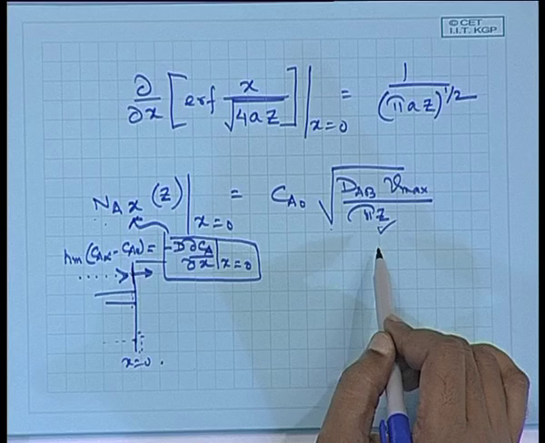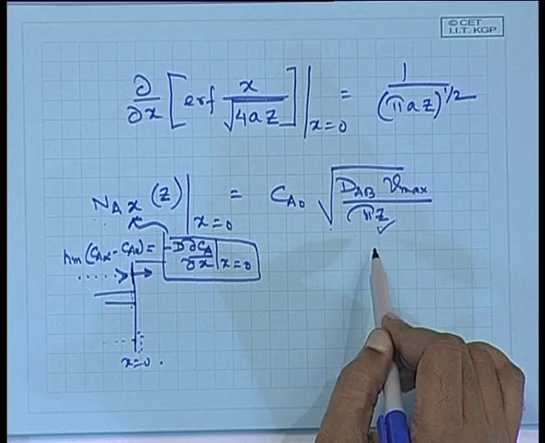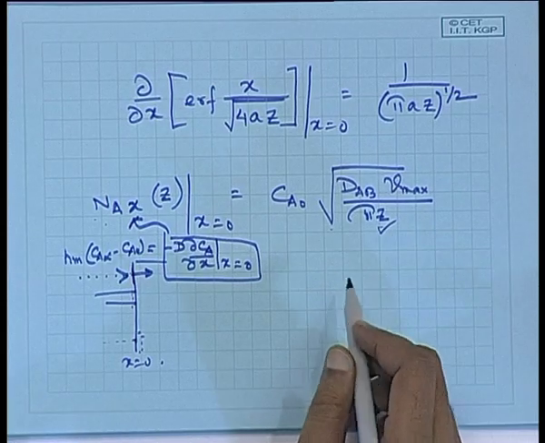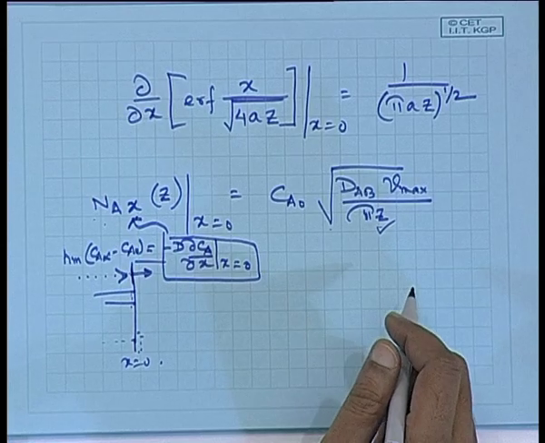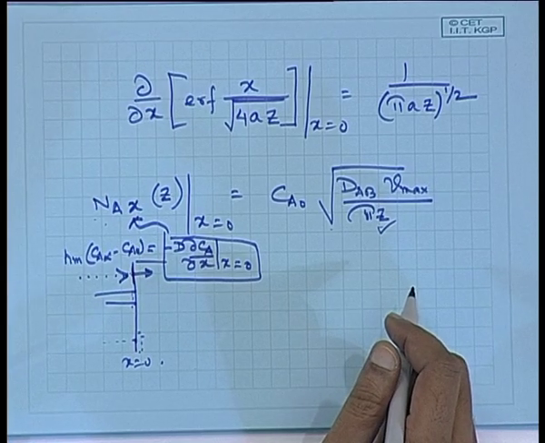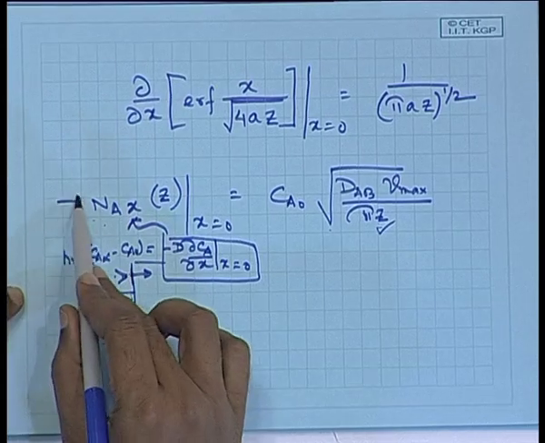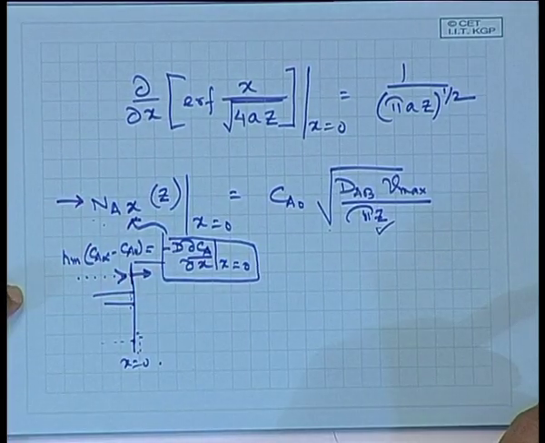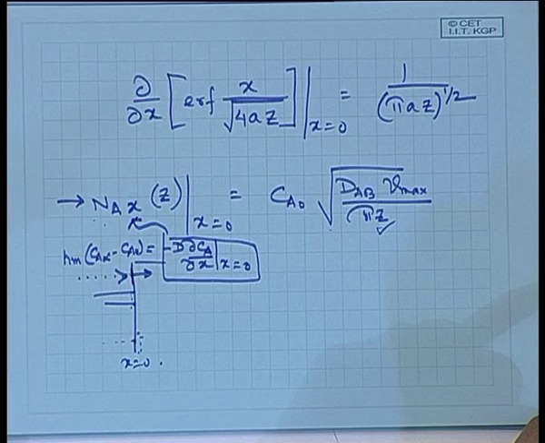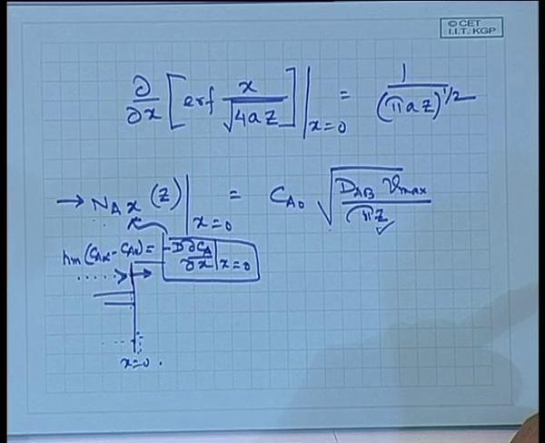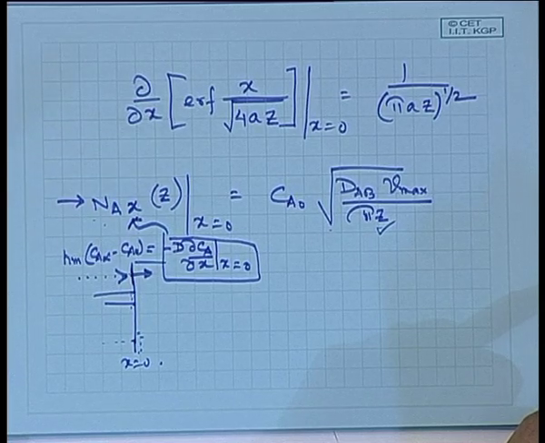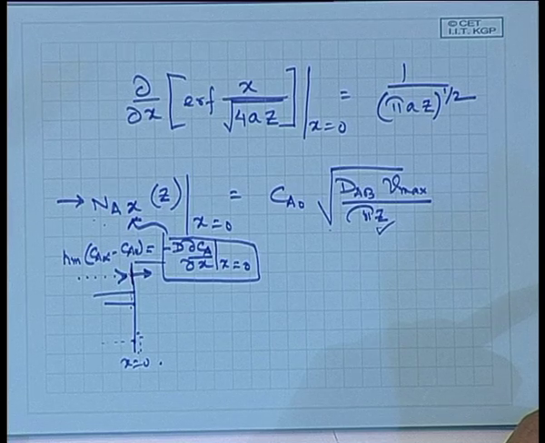Once this is known, then you should also be able to calculate what is the total uptake of A molecules by the falling film. This is at any Z location, but I am not only interested in any Z location, I would like to find out what is the total uptake, total amount of A absorbed by the film.